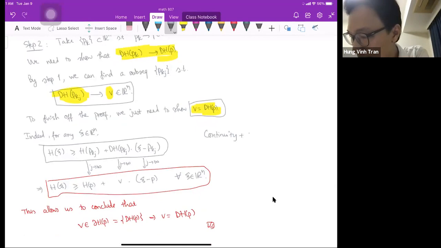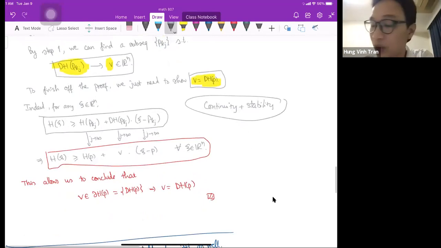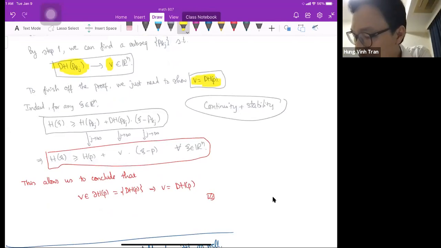If you wish, this is some sort of stability. We will also use stability of continuous functions in some forms in our class, and I'll mention how and when. I'm just using the fact that for convex functions, at the point p_{k_j}, we have this relation.